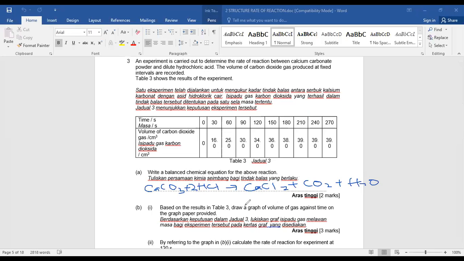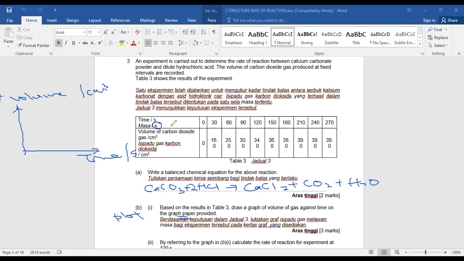Now, based on the result, you plot the graph against time on the graph paper. How do you get your marks for your graph? Number 1, you check your axis should be labeled as volume of gas with the unit. The time follows here, with the unit second.